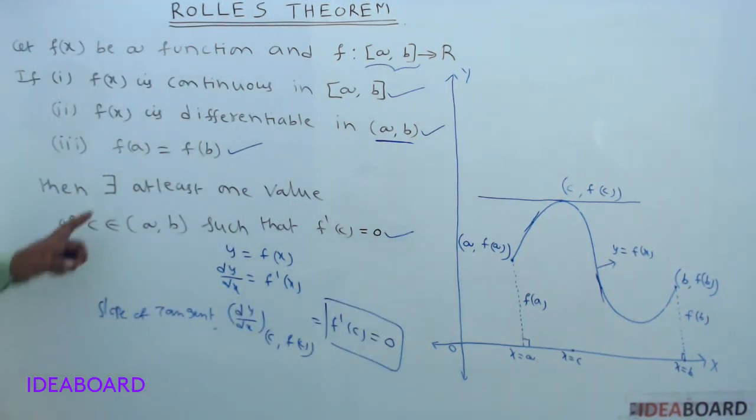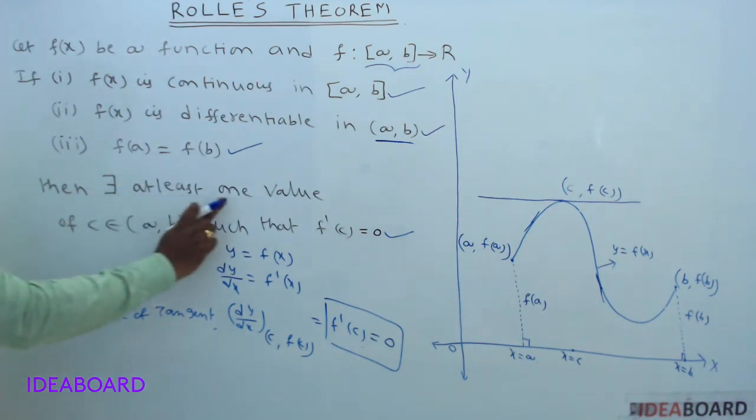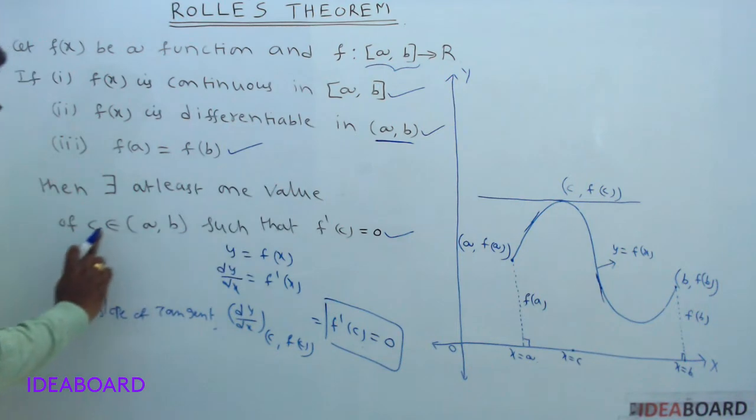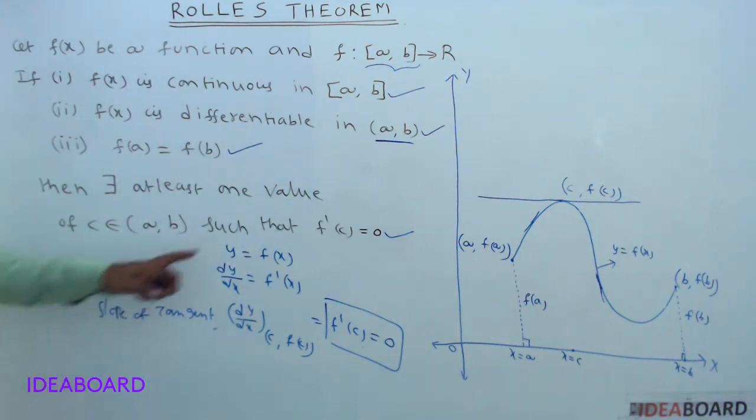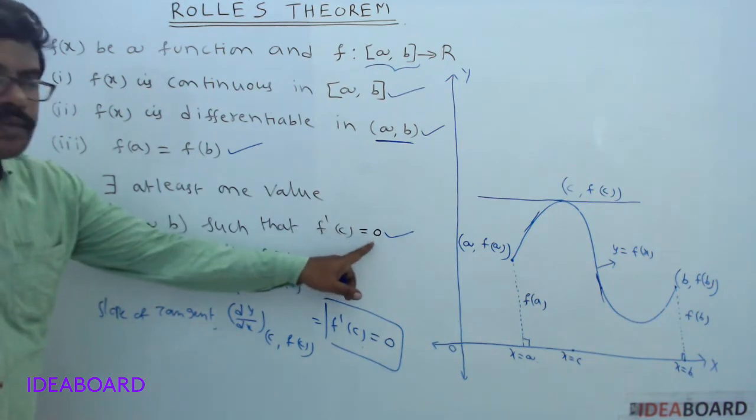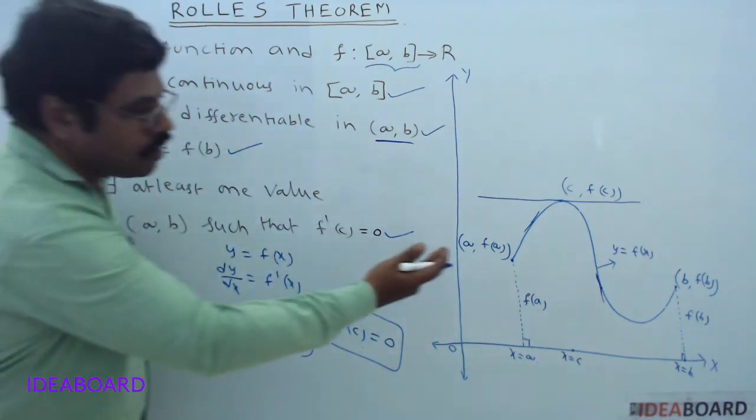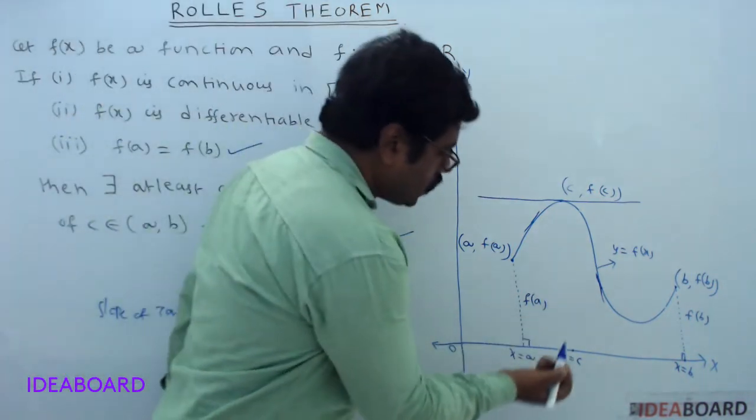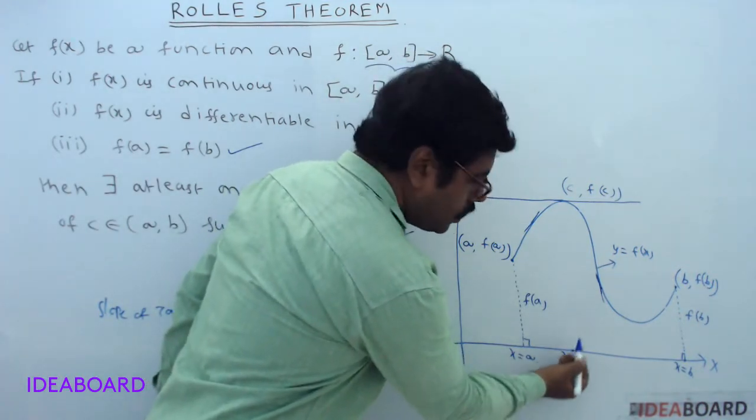Now here, if you observe this statement, there exists at least one value of c belonging to open interval a comma b such that f dash of c equals 0. Now in this diagram, previously we took the point C here.